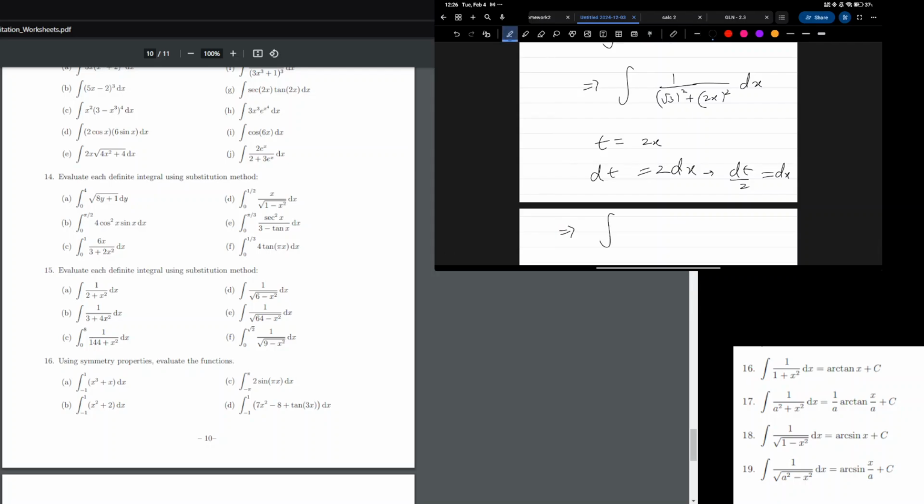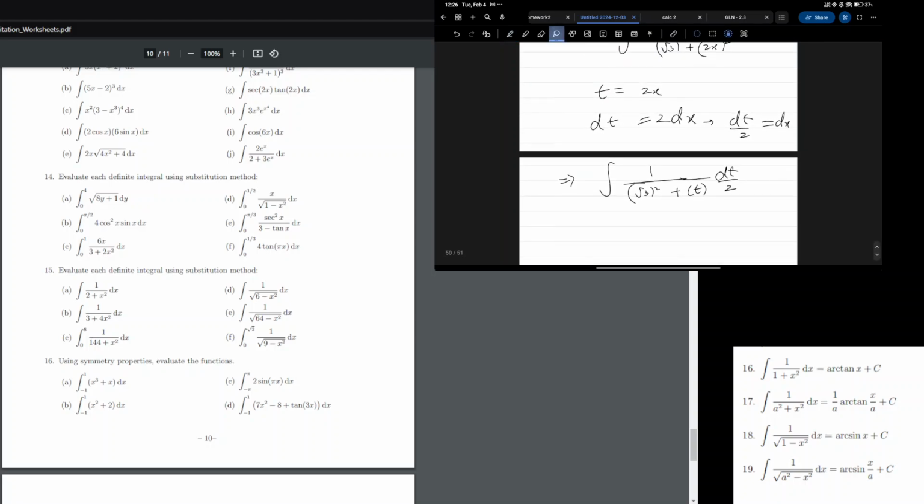So this would be 1 over 3 squared plus t squared, and the dx becomes dt over 2. I can take the constant outside, and now it has been set up in the format I want, the 17th formula on the screenshot.